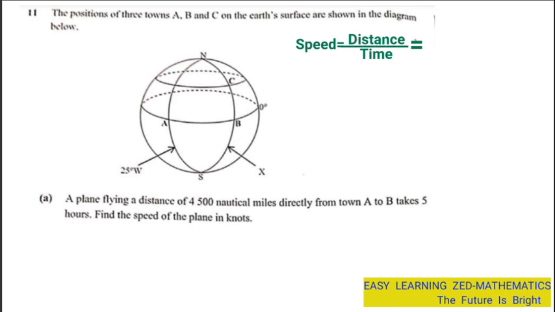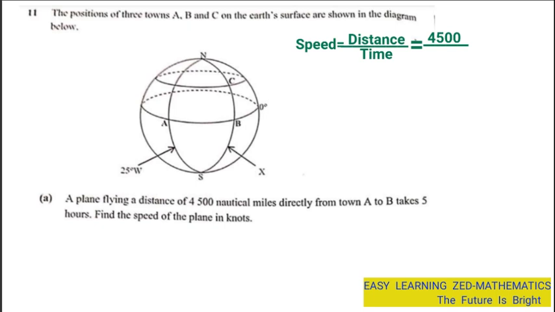What distance did the plane cover? It covered 4,500 nautical miles, which is going to be divided by the time it took.